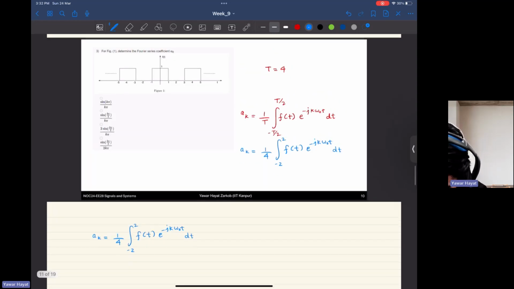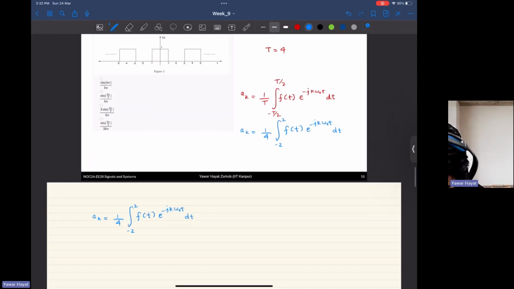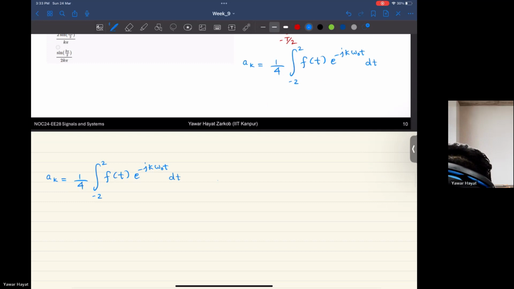But in this interval minus 2 to 2, it is 0 from minus 2 to minus 1, and it's also 0 from 1 to 2, right? In this interval, f of t is 0. So I will change the limits of my integral from minus 1 to 1, because from minus 2 to minus 1, it is 0. Likewise, for 1 to 2, it is 0.